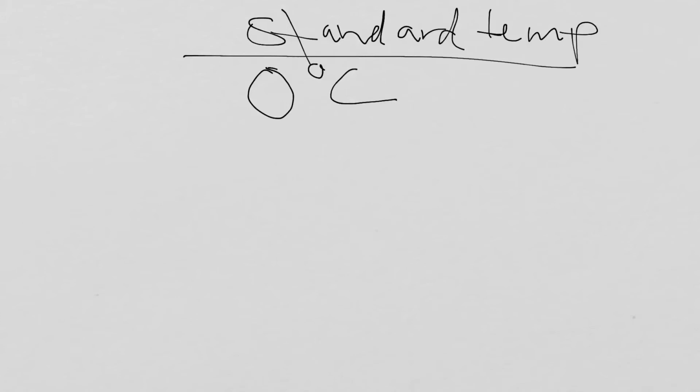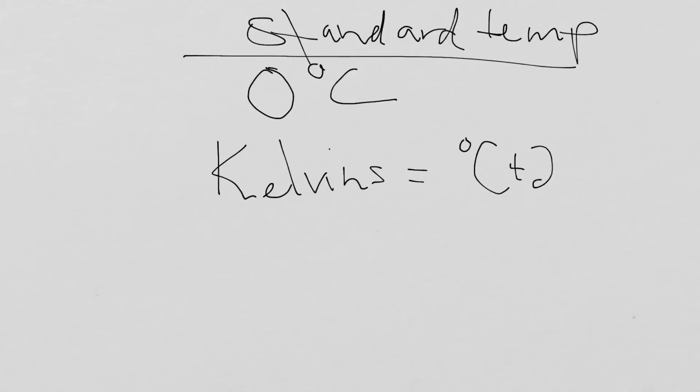It just doesn't give you the right answer. So you have to be in kelvins. This one doesn't have a degrees, it's just called kelvins. Kelvins is equal to degrees Celsius plus 273. So it's an easy conversion. So standard temperature in kelvins would be 0 plus 273, so 273 kelvins. So just be aware of that. You'll do that a lot in this unit.